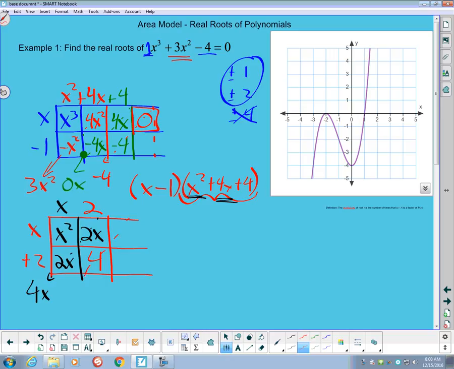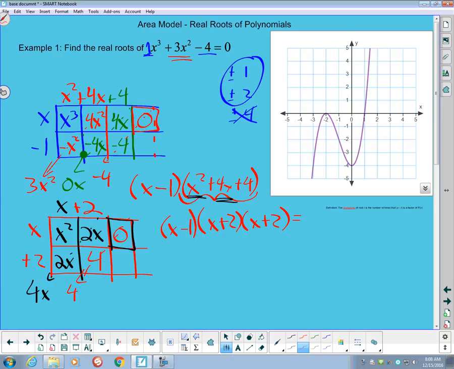And again, our constant terms are supposed to add up to a 4, so we get the remainder of 0 that we were looking for up here, and that tells us that this second part factored into an x plus 2 and another x plus 2, and we have an x minus 1.